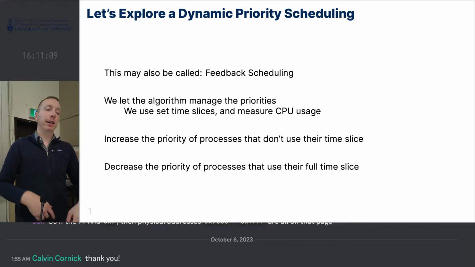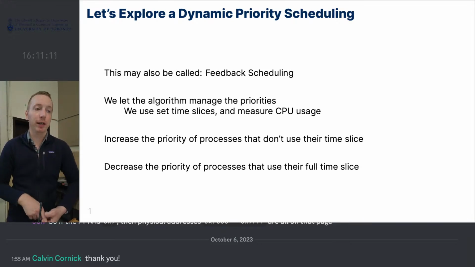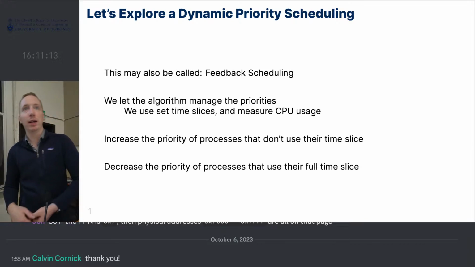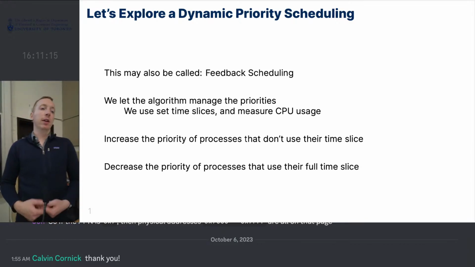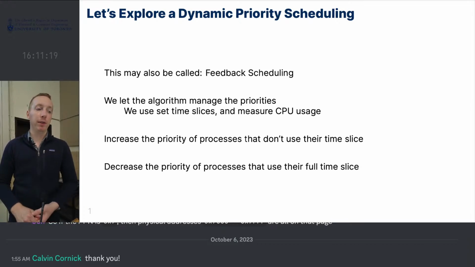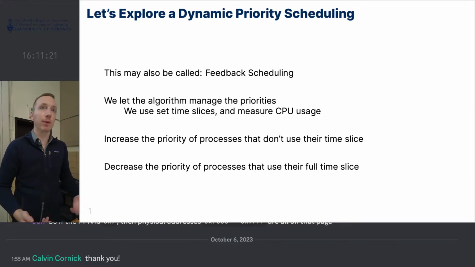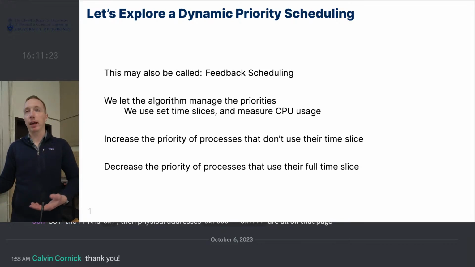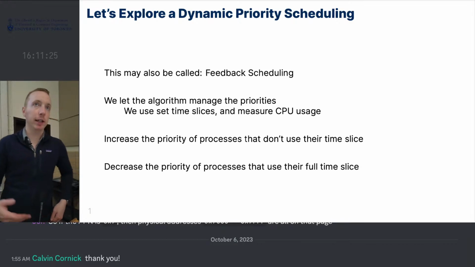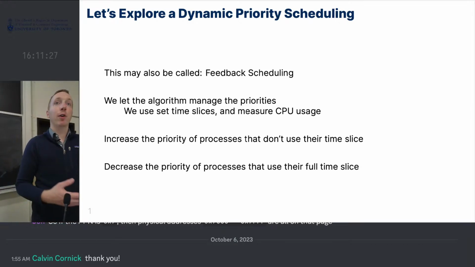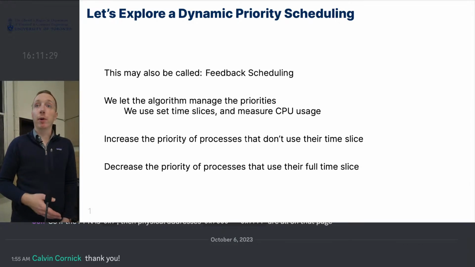The idea behind it is we increase the priority of processes that don't use their time slice, so they haven't been scheduled. So we want to make that number lower, and we want to decrease the priority of processes that use their full time slice and make that number higher. Hopefully if you haven't run in a while, you will have a higher priority until you finally run.